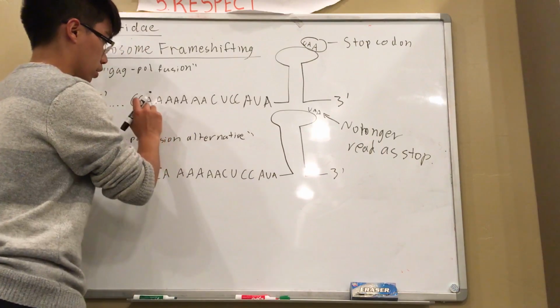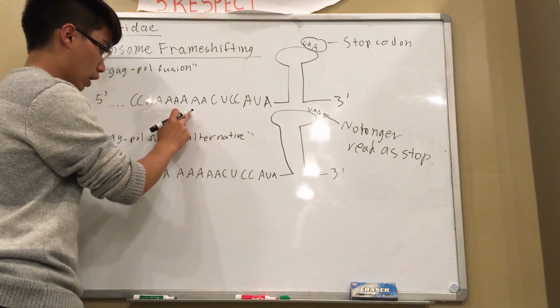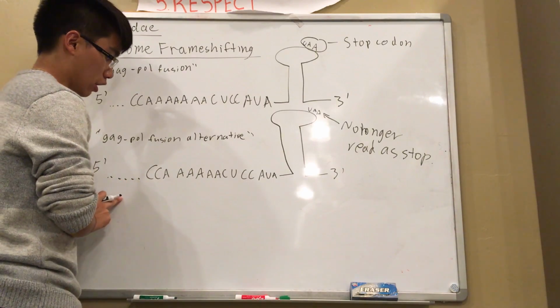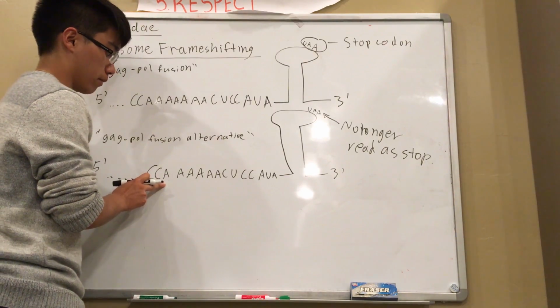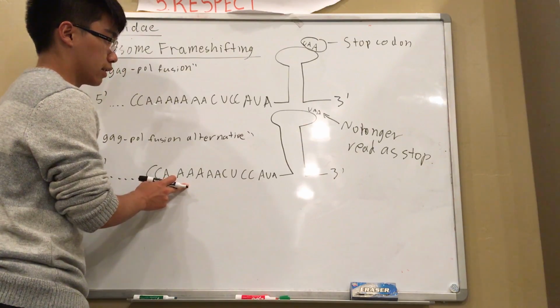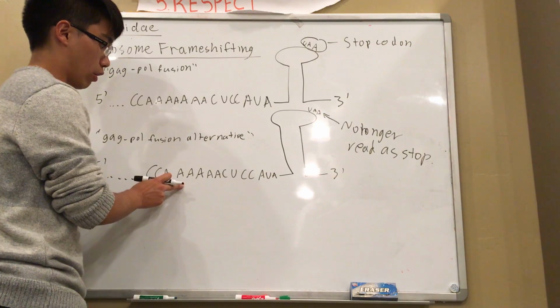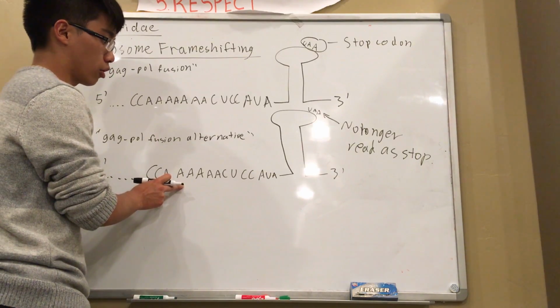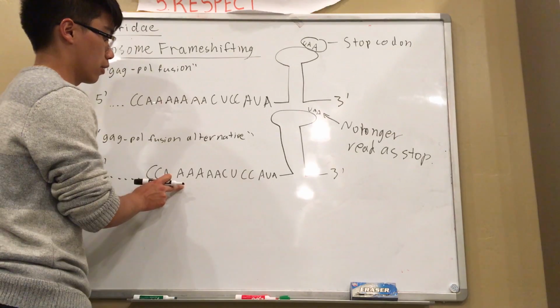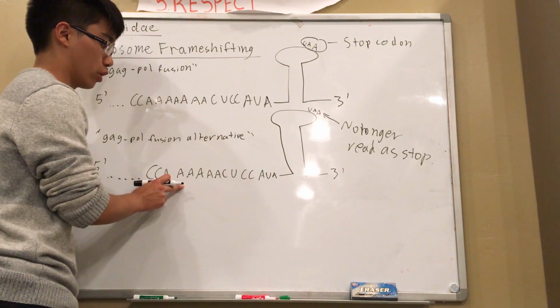The ribosome normally reads and reads and reads. But then when it does the stalling, it might stall here. It might read CCA, and it's about to do AAA, but then it sees a stem loop and says, oh wait, let's stall. And then the ribosome says, wait, we didn't reach a stop codon yet. Usually it backtracks to try and correct itself.